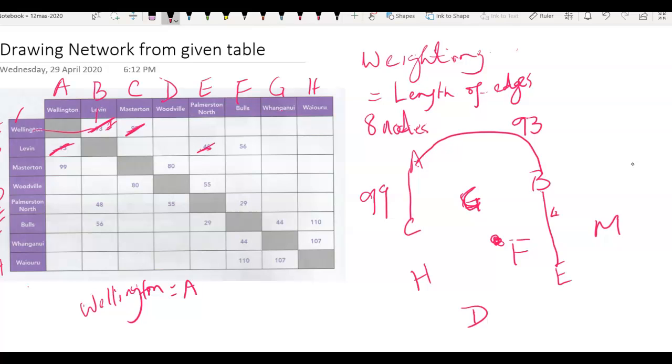And 48. Remember, I said they are not drawn to scale. Bulls and Levin is F and B. Okay, still no crossover, which is good. Bulls and Levin is 56, and I'm going to cross it out.